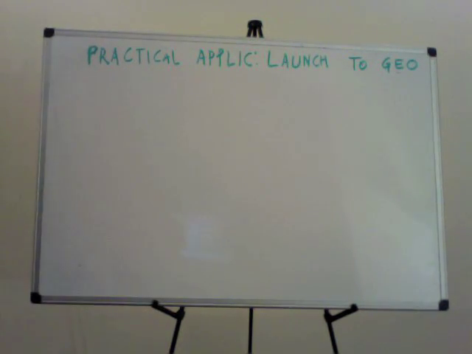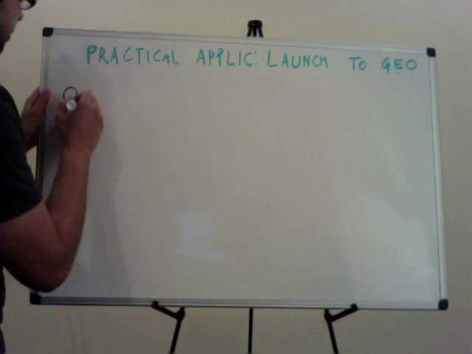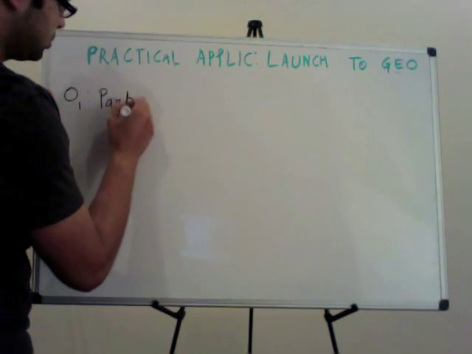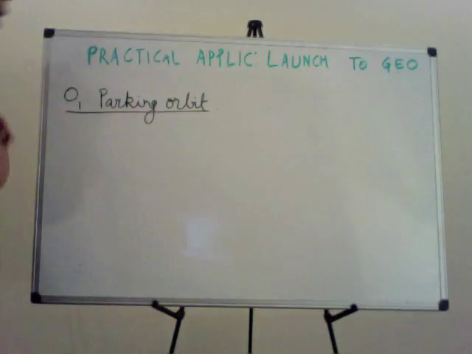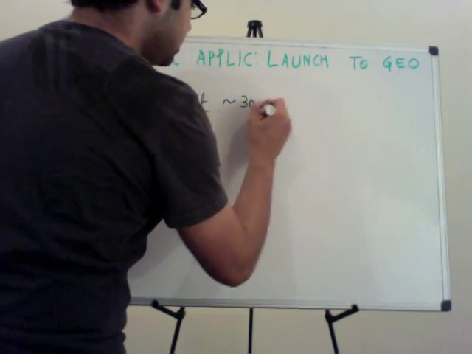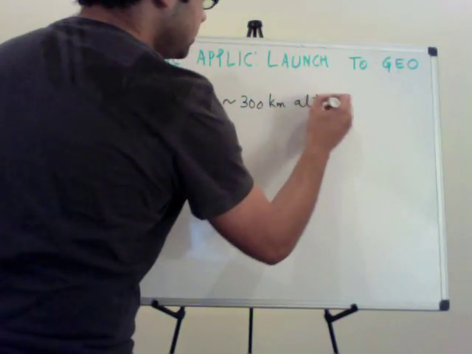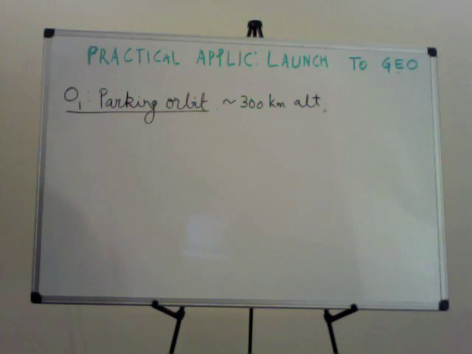We know that it is 300 kilometers altitude, and its inclination is not 0, right? Because it is launched from a launch site which is not on the equator. Because the launch site has a non-zero latitude, the inclination of the resulting parking orbit will not be 0.